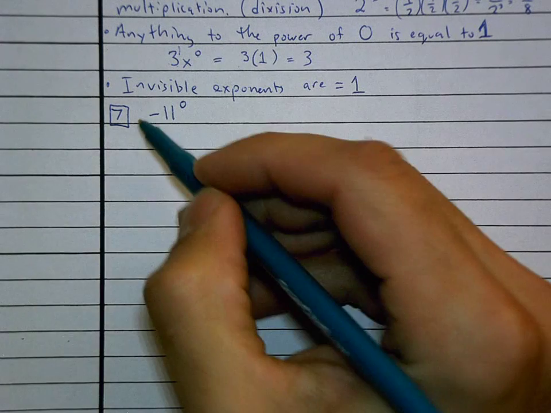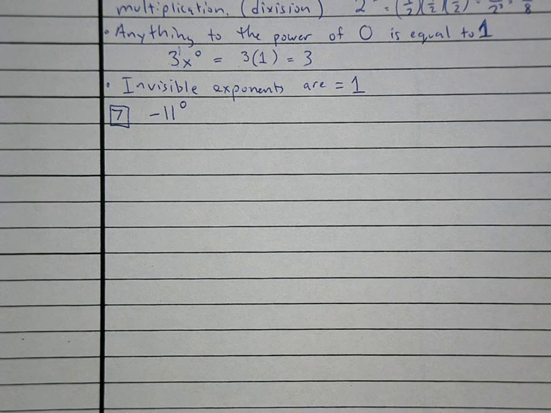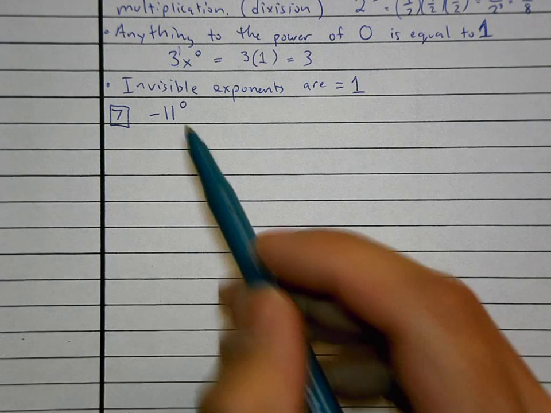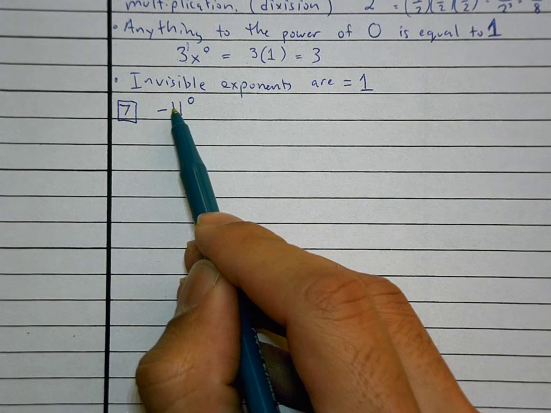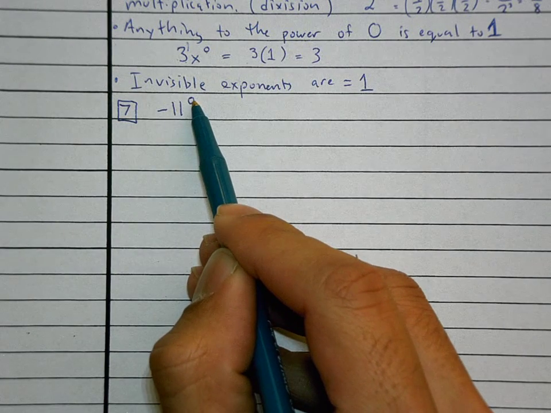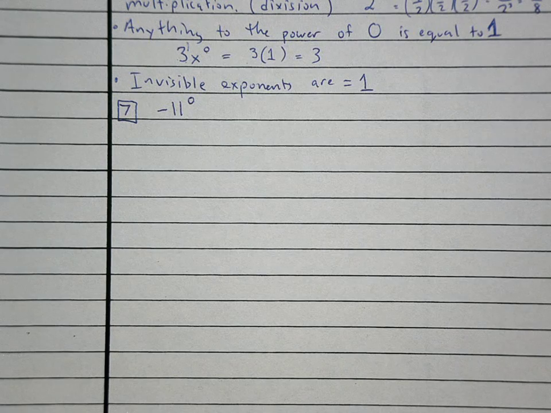Are there parentheses here? No. So what that means is, if you see a problem like this, that means that the 11 is to the 0 power and the negative is not to that power. This is like a negative 1 times 11 to the 0 power.